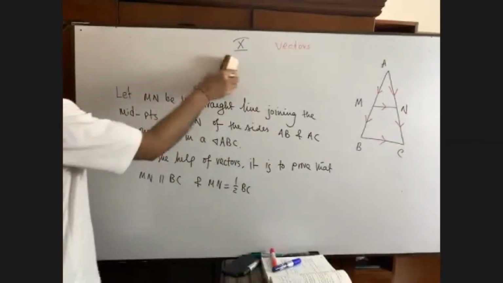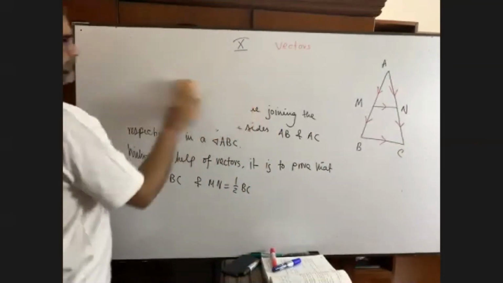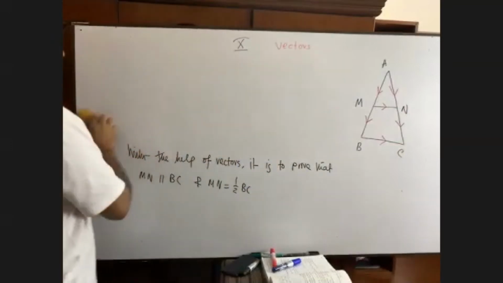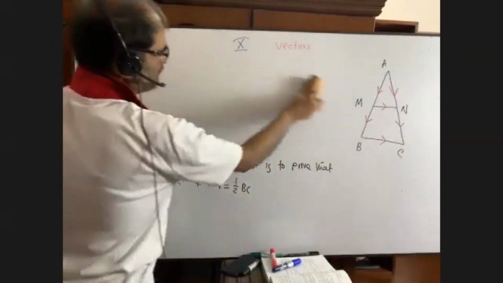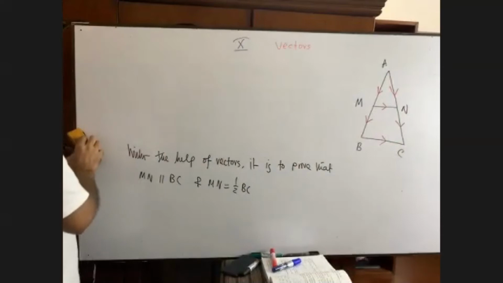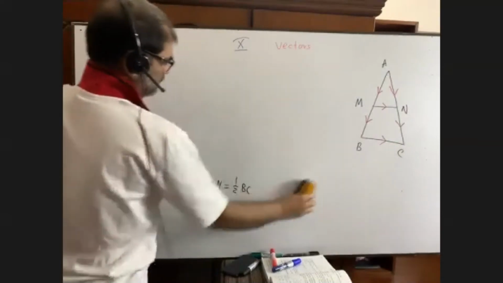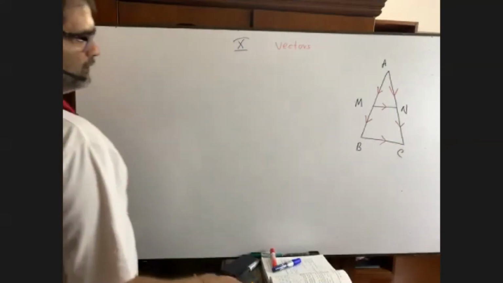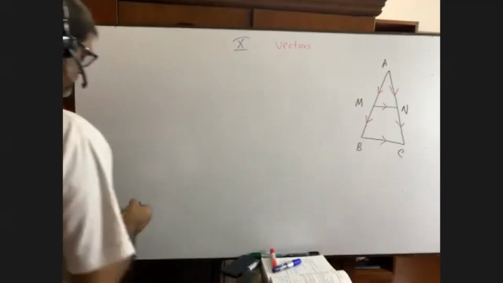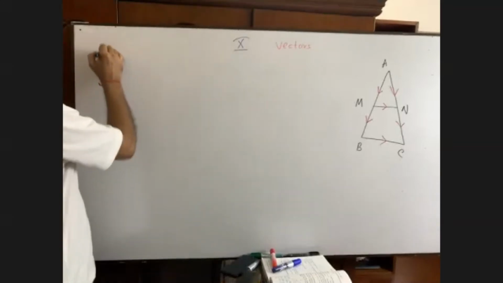I think you have copied it. Give the vector sign. If you don't give the vector sign, you will get totally 0 mark. So pay attention to giving the vector sign in the figure. Now the proof.